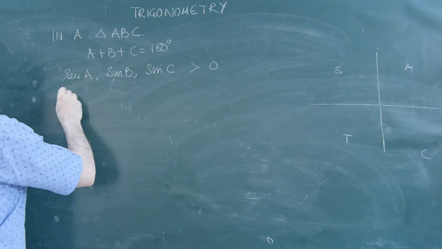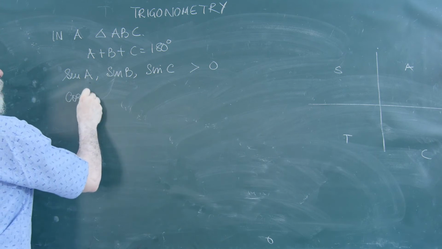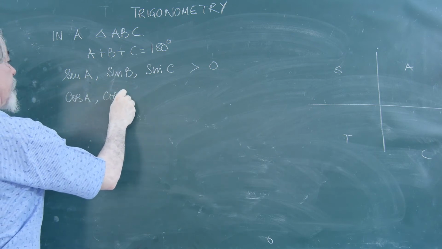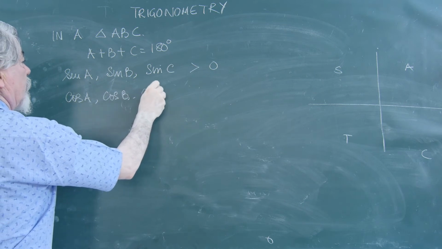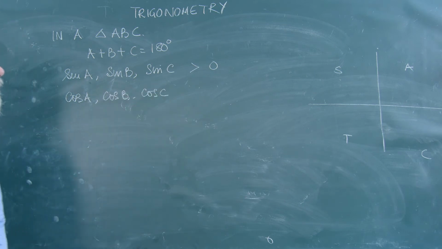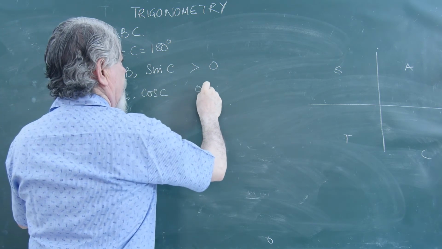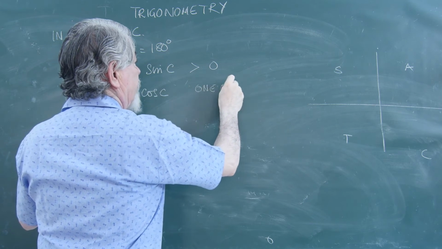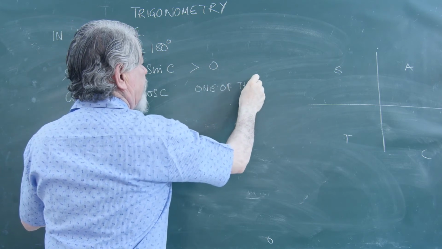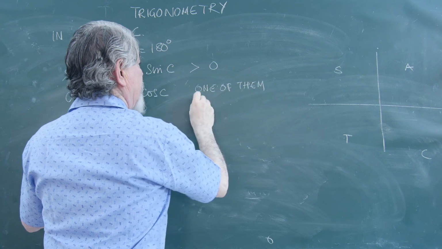In case of cos A, cos B and cos C, what will happen? One of them can be negative.